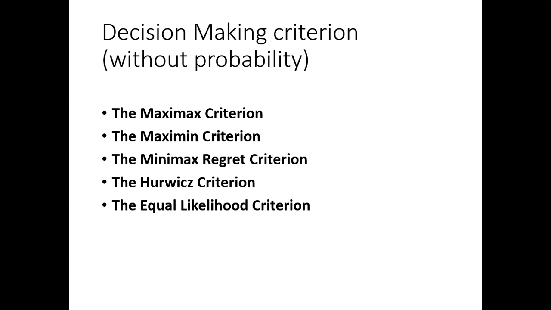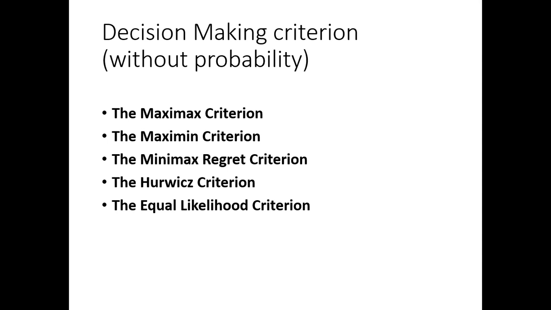Okay, so how many methods are there in decision making methods without probability? There are 5 methods. We must know the names of all the methods that we are learning. So you will have to memorize the names of the methods in both the types, without probability and with probability.